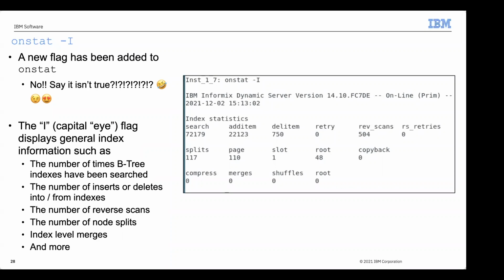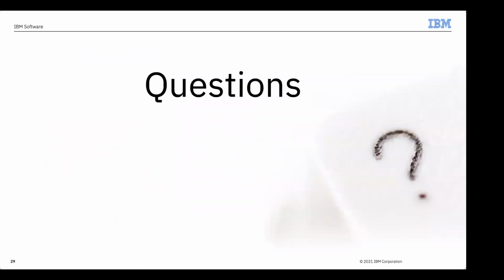For example, if you're doing a large amount of inserts within a certain value range in the index, we may need to split a branch node of the index. So you can start seeing how many times these splits occur. There's more information that we will provide, and I encourage you to read the documentation to understand all the nuances of it. But that's what this new flag gives you. Are there any questions on it?